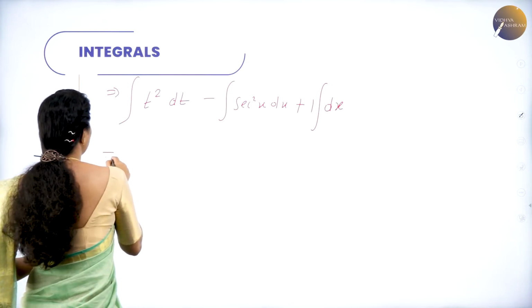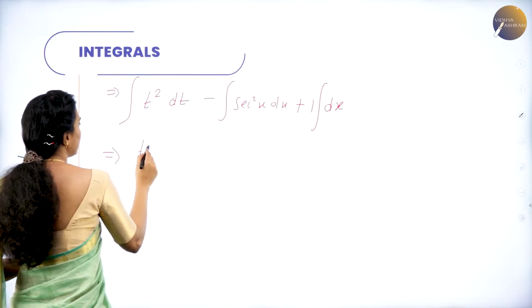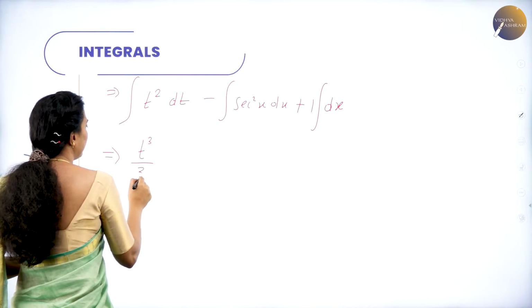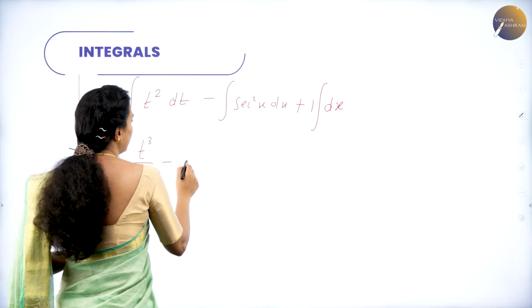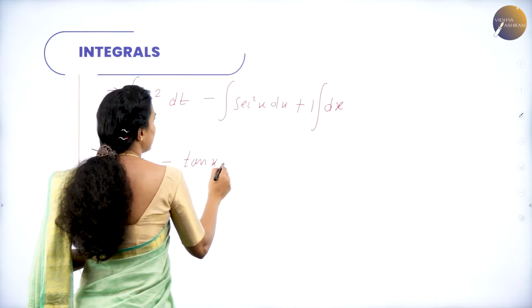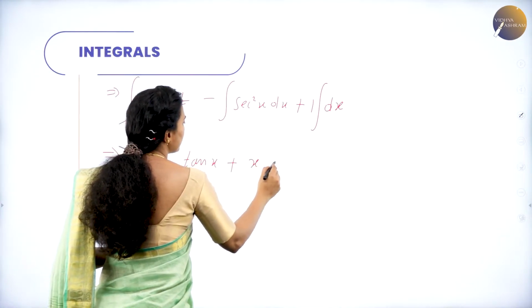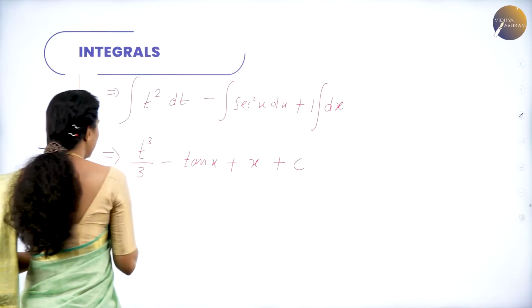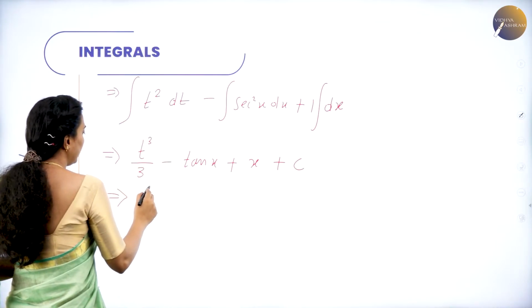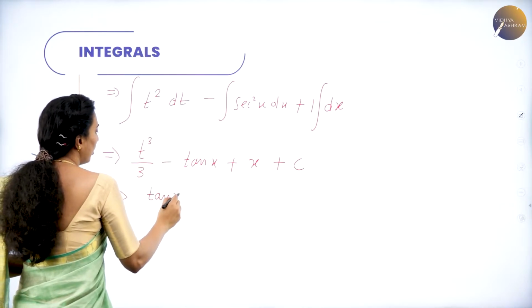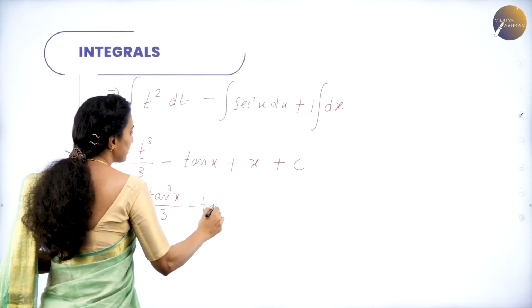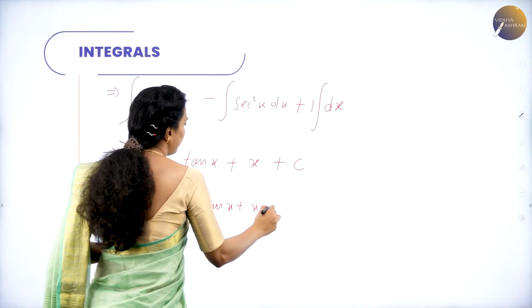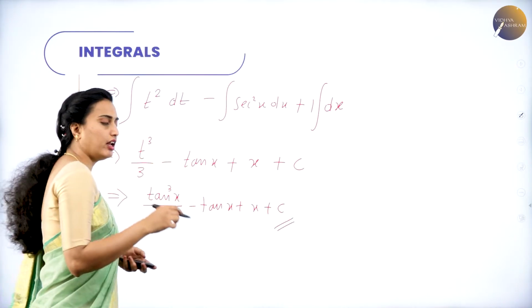Now what happens? The integration of t squared is t cube divided by 3, minus the integration of secant squared x, which is tan x, plus the integration of 1 into dx, which is x, plus c. Now substituting back t, you are getting tan x whole cube, which is tan cube x divided by 3 minus tan x plus x plus c, and this is your final answer.